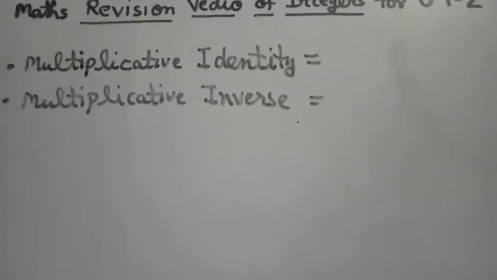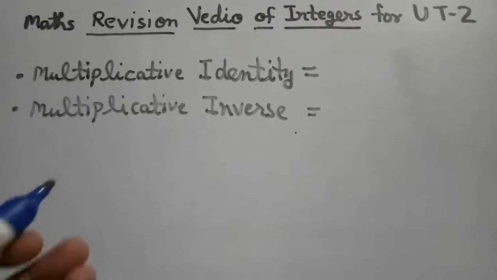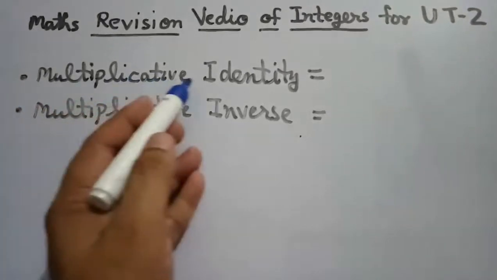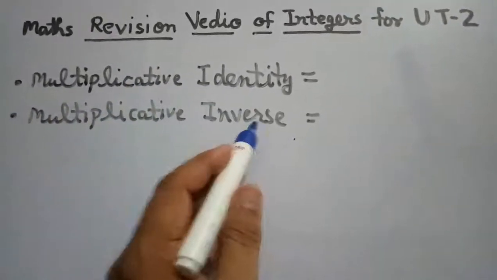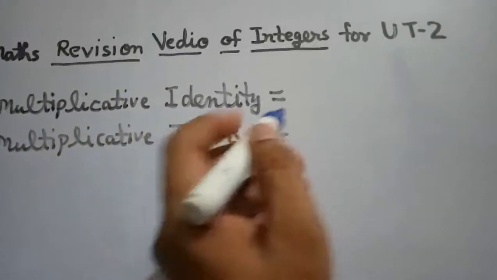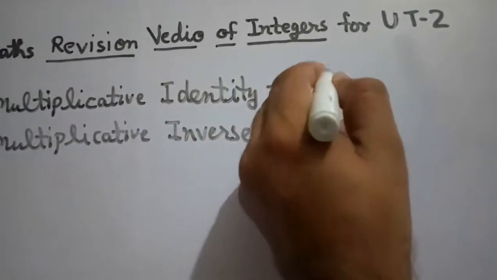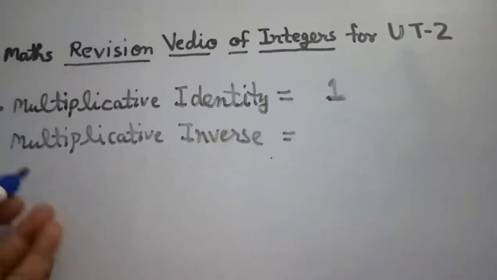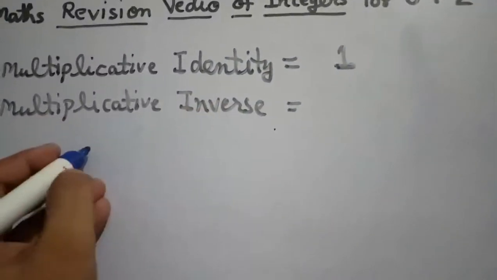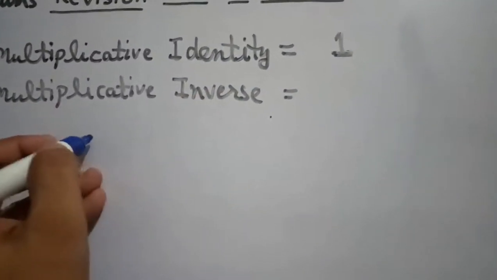So at last students, the difference between the multiplicative identity and multiplicative inverse. The multiplicative identity of integers is always 1, while the multiplicative inverse is the reciprocal of the given number.